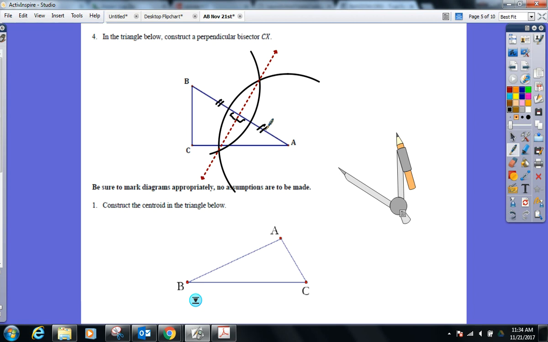And as we talked today in class, remember, it will not come from a vertex in a triangle. The only special line of the four that won't come from a vertex.